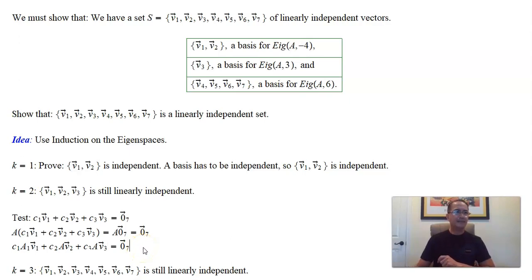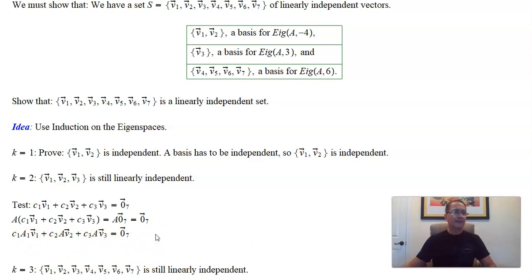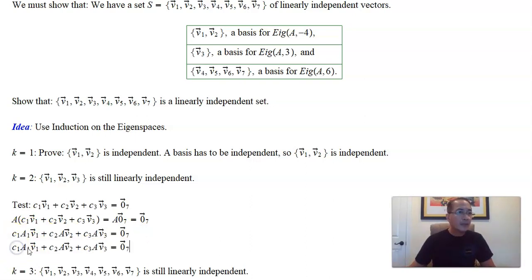Now, what do we know? V1 and V2 are eigenvectors for lambda equals -4. So therefore, A b1 must be -4 V1. So we will replace A b1 with -4 V1.